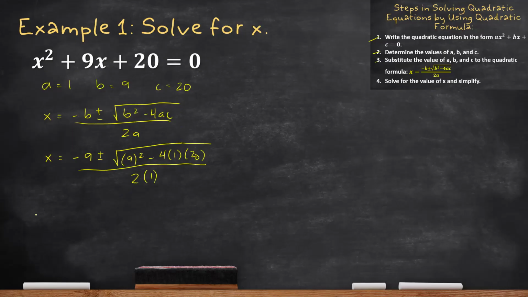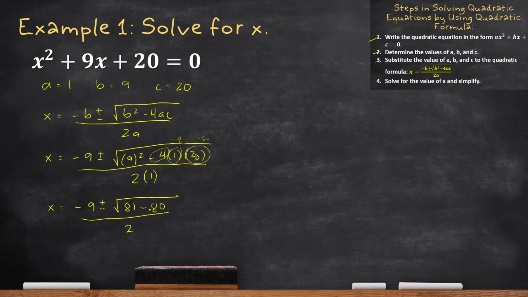So now, let's solve. Negative 9 plus or minus 9 squared. What is 9 squared? 9 squared is 81, right? Then we're going to multiply negative 4 times 1 times 20. Negative 4 times 1 is negative 4, times 20 is negative 80. So minus 80 all over 2 times 1 is 2.